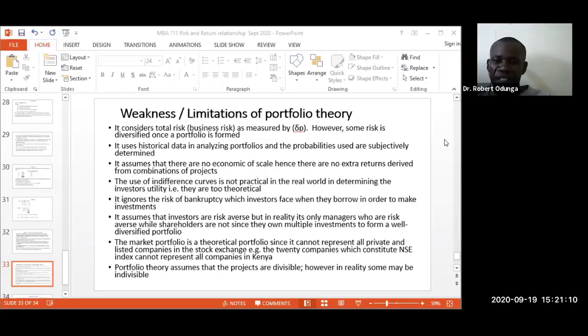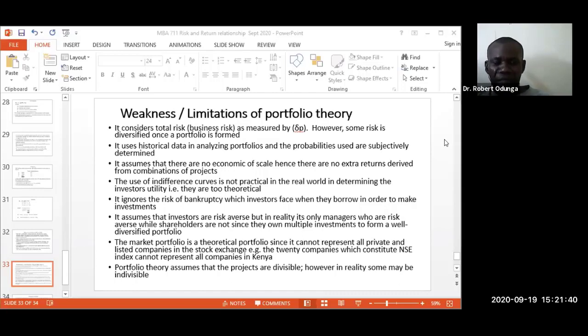managers, because of these agency issues, are also very sensitive about risk, because as much as they are making decisions for the shareholders, they also have to be careful that whatever investment they are putting up has minimal risk as much as possible, to safeguard their interest and the interest of the shareholders.